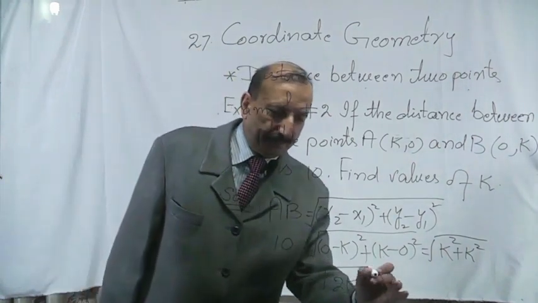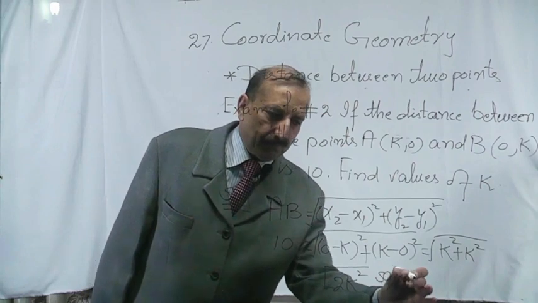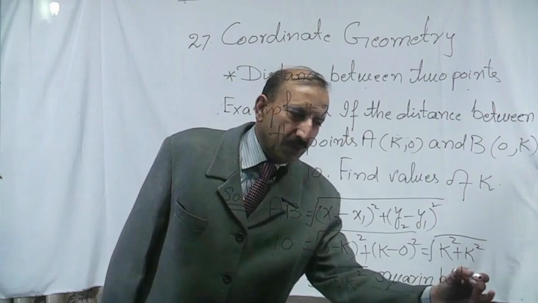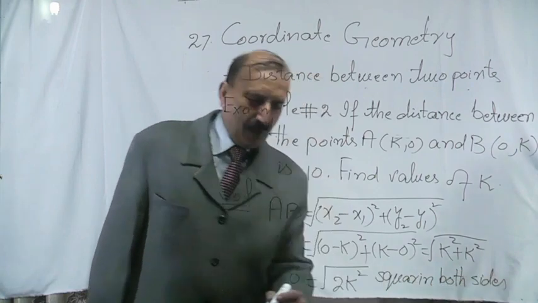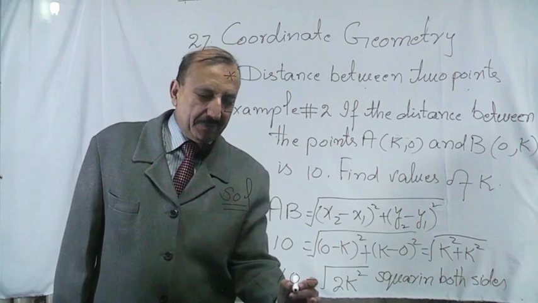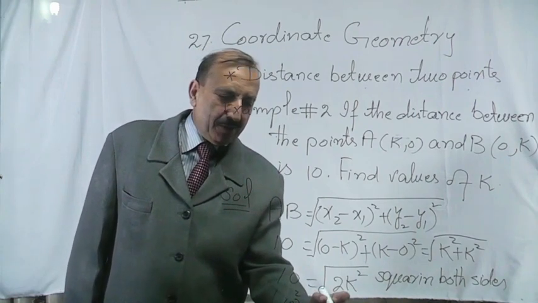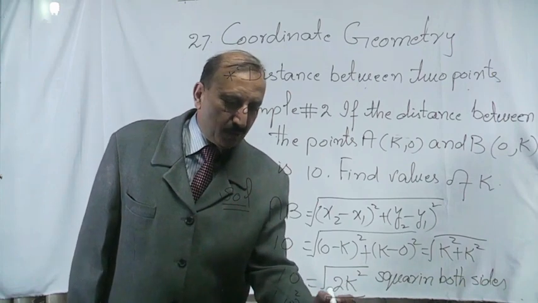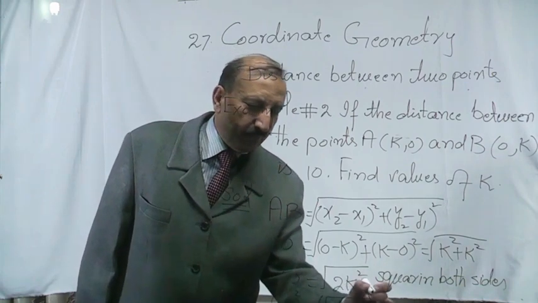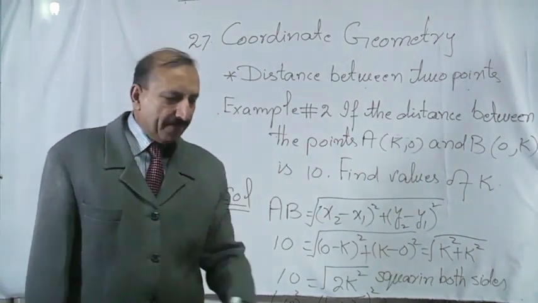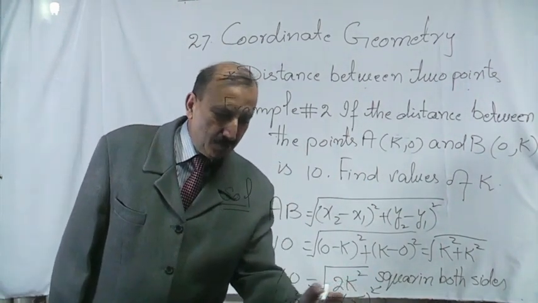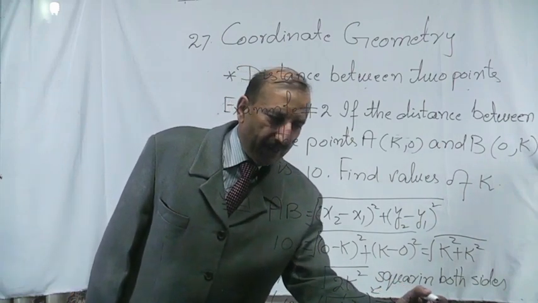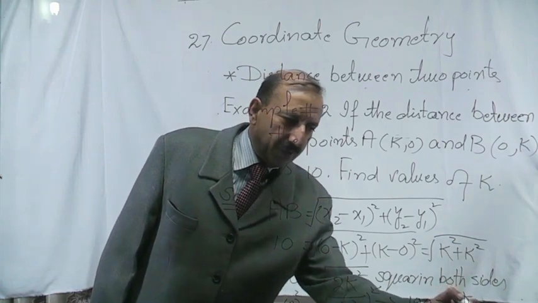Let's square both sides. Squaring both sides, we will get 10 square, and here we got the square root of 2k square, and we will square both sides. The square cancels with the square root, and 10 square becomes 100, and this is equal to 2k square.